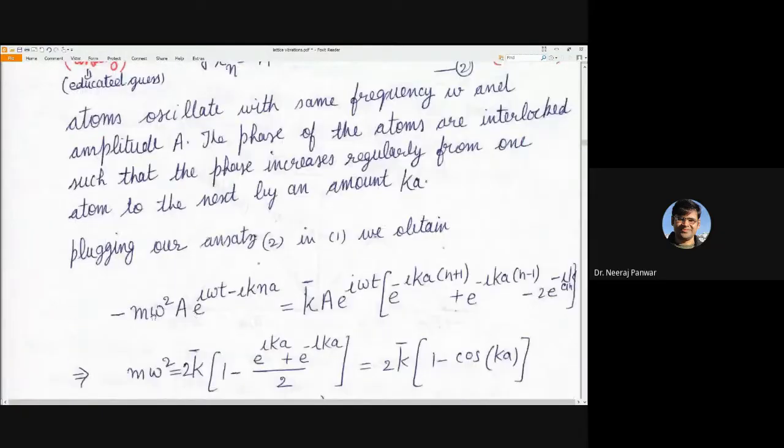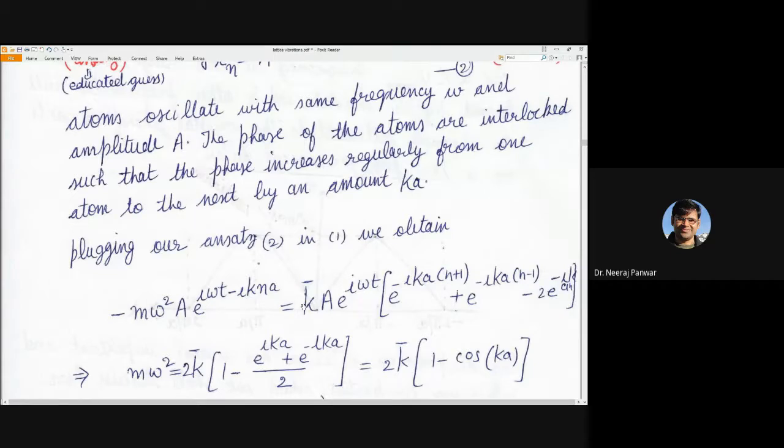We will get minus m omega square a e to the power i omega t minus i k n a is equal to k bar a e to the power i omega t inside the bracket e to the power minus i k a times n plus 1 plus e to the power minus i k a times n minus 1 minus 2 e to the power minus i k a n.